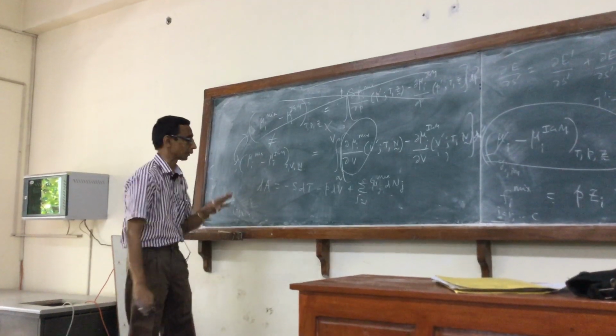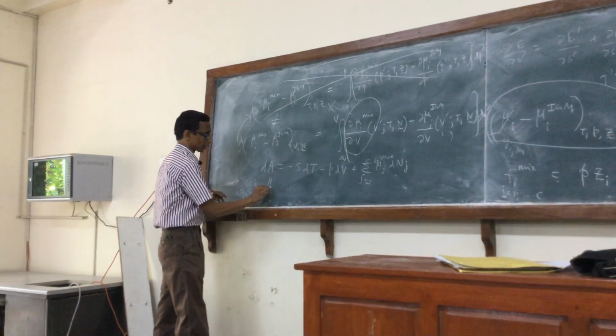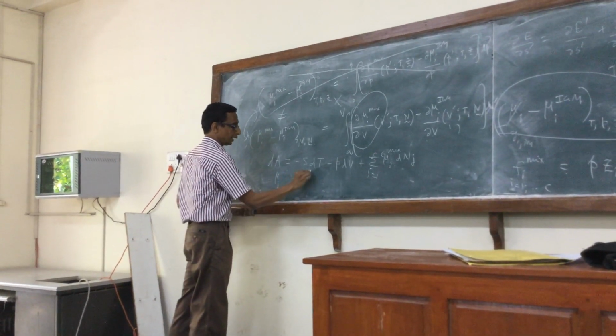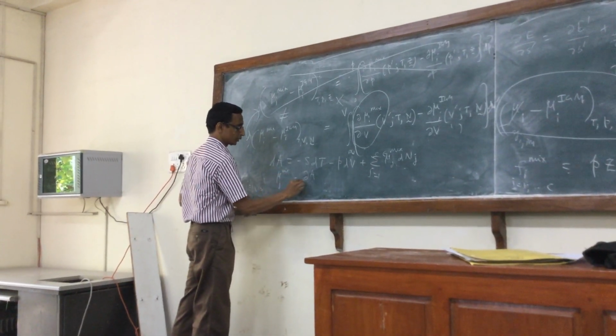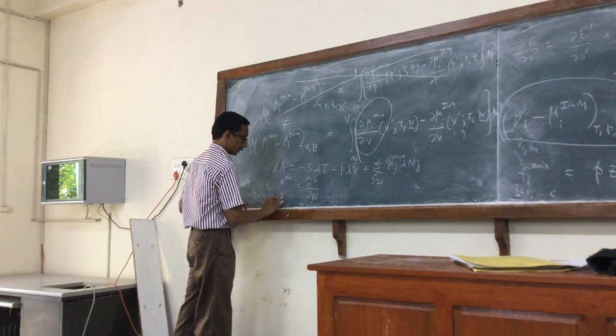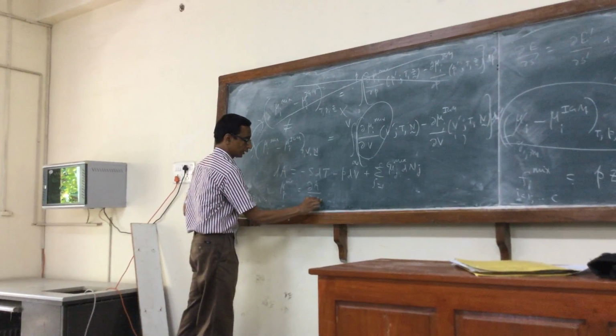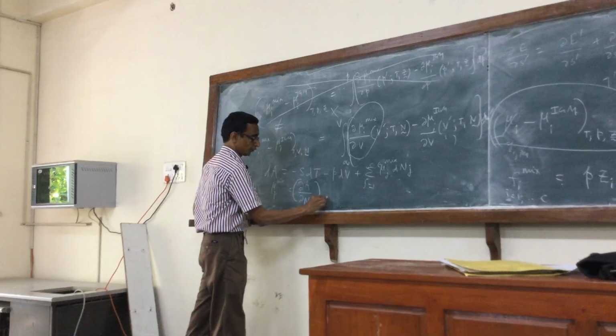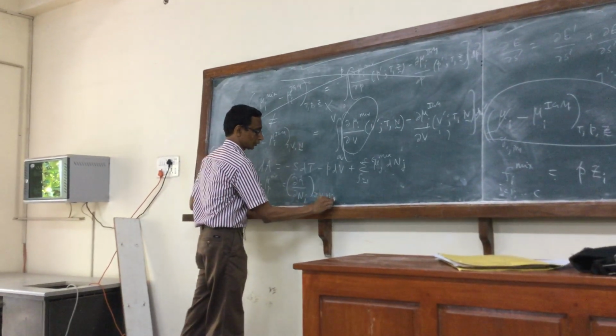We have run out of time. But what I want to point out is that dA is of the mixture. dA by dNi at T, V, Nj not equal to i.